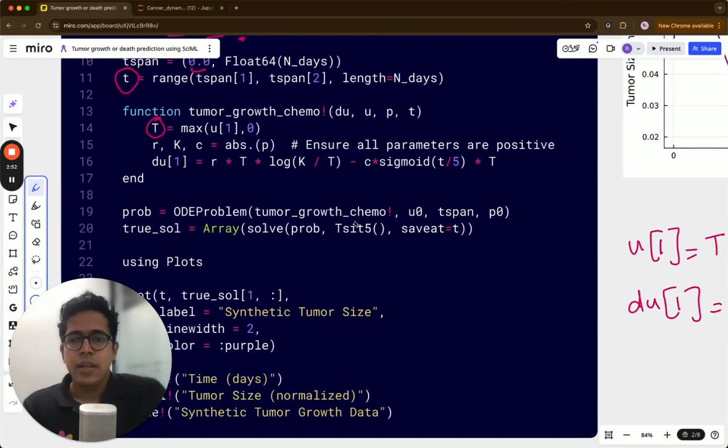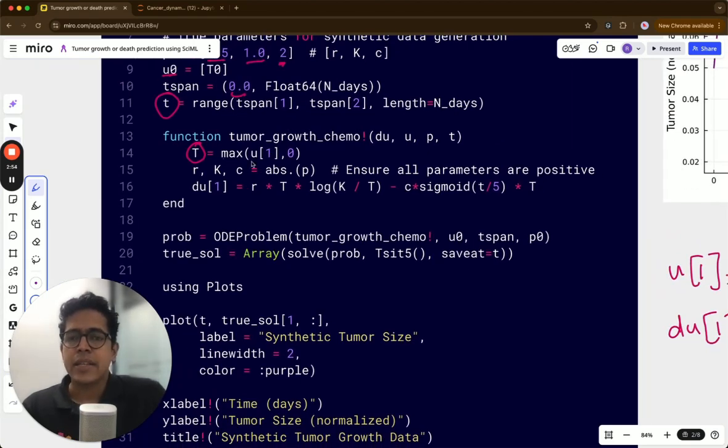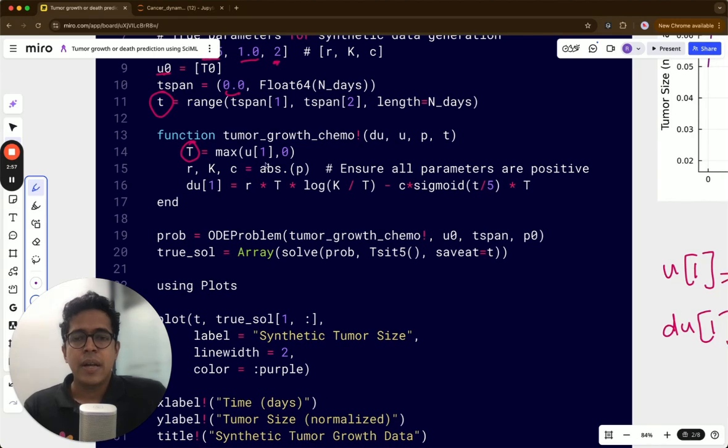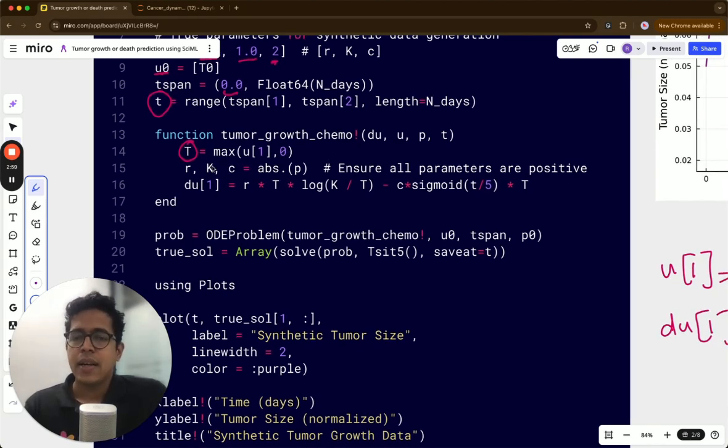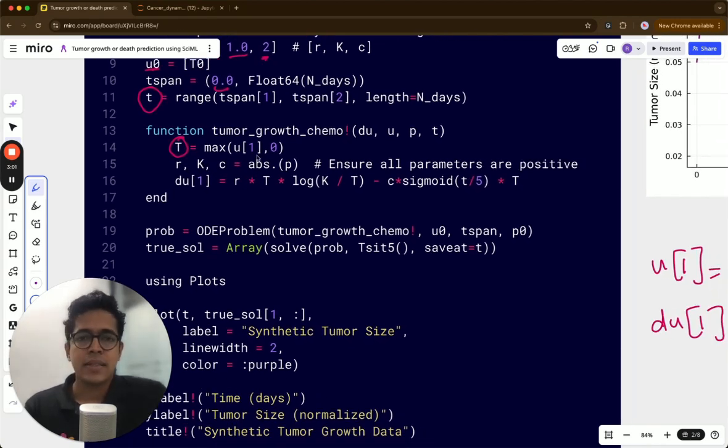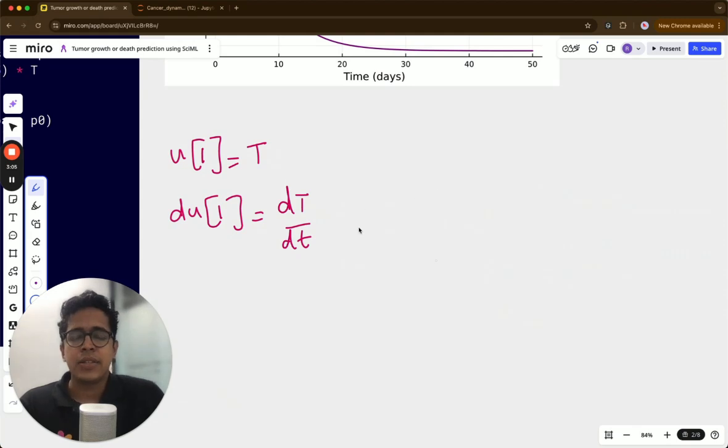So why did I put this max of u of 1 comma 0? Because I want to ensure that negative values of tumor size do not come, because tumor size is a positive number. In our simulation, it should not happen that, let's say, tumor size became T equal to 0.01, but dT by dt is a big negative number, let's say minus 2.